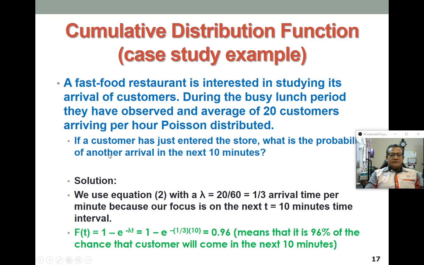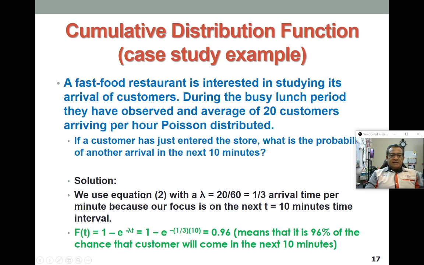So the fast food restaurant wants to know: if a customer has just entered the store at exactly 12 noon, what is the probability of another arrival within 10 minutes? So one customer arrives at 12 exactly, what would be the probability that a customer will enter by 12:10? This is what the question says.